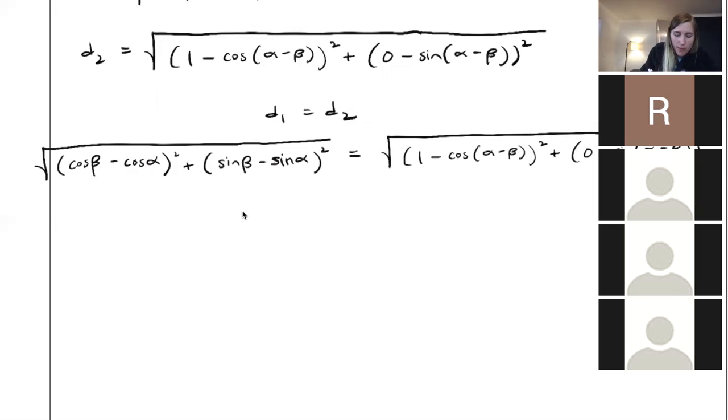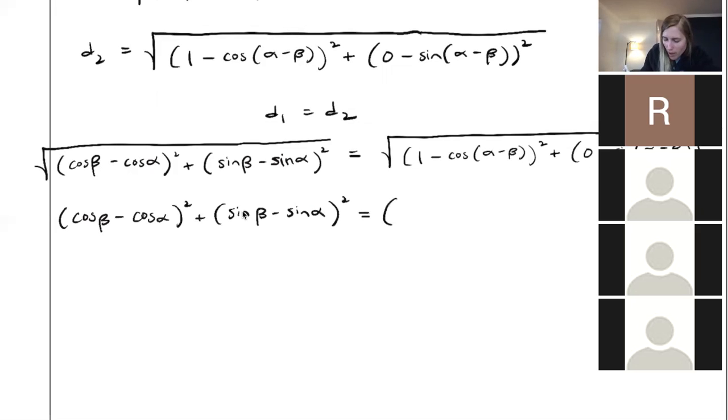So we would have cosine of beta minus cosine alpha squared plus sine beta minus sine alpha squared equals 1 minus cosine alpha minus beta squared, and because that's 0 minus sine of alpha minus beta squared, I can simplify that to plus sine squared of alpha minus beta.